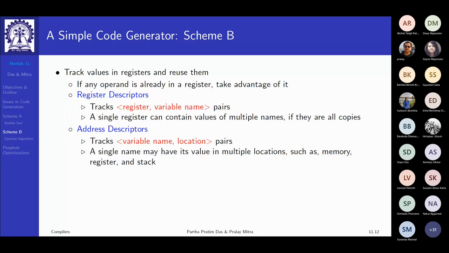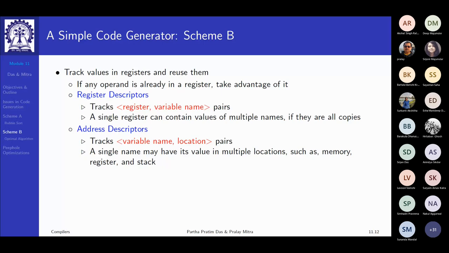But after that, if I change that variable, say I make some assignments to it, then it may be available only in the register, not in the memory anymore, because the memory copy has become dirty. It has become old. Till I store it.